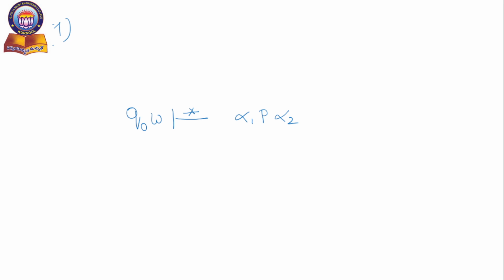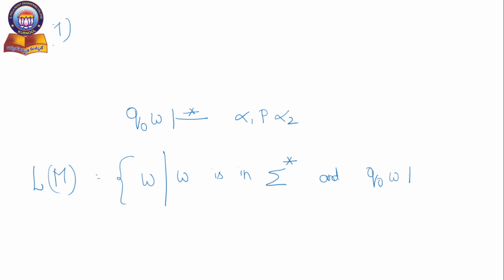So the language accepted by the Turing machine is mathematically defined as the set of all strings w such that w is in sigma star and q naught w, on a certain number of moves, goes to alpha 1 p alpha 2 for some p in F. F means the set of final states, and alpha 1 and alpha 2 are in tau star.